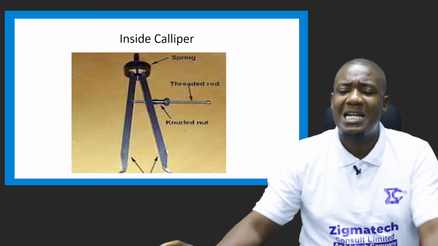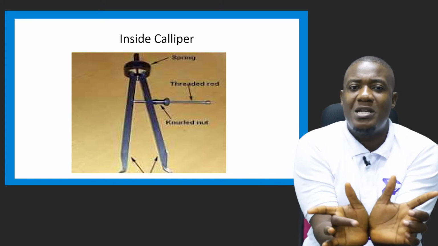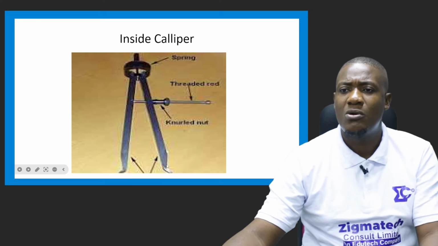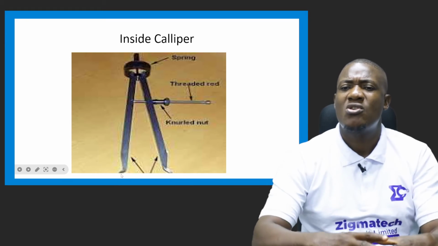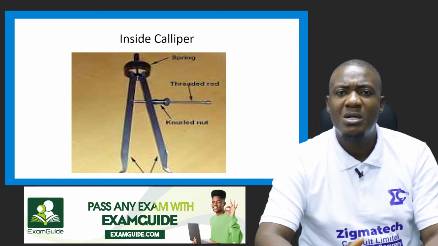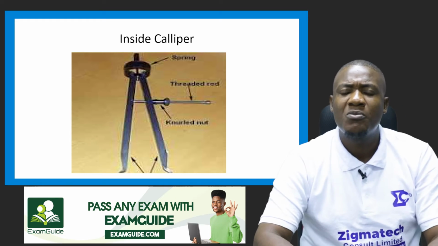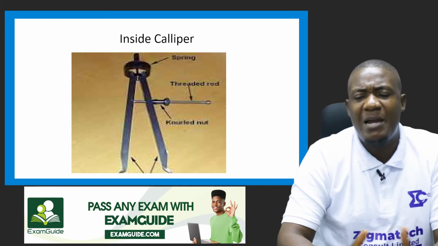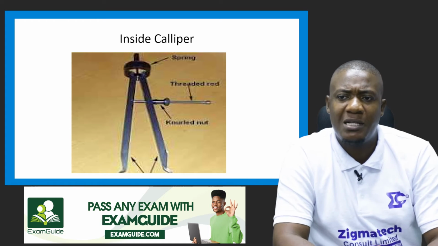Now the inside caliper, you see the way it is, this leg here. Let's say you have a workpiece that is cylindrical and is hollow, for example. You want to determine the internal diameter. This is the caliper that can do that for you.